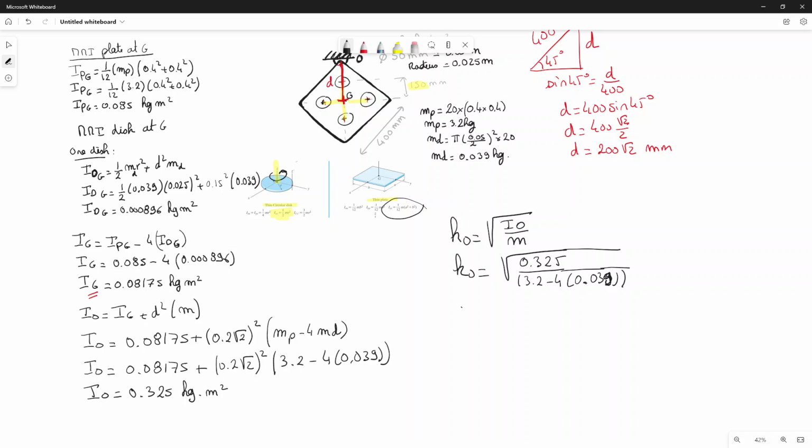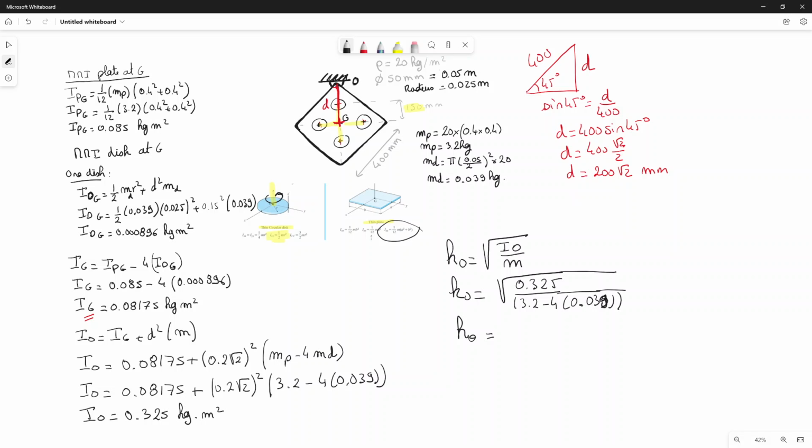How much is KO? We hope to have something between 200 and 300 in millimeters. That will give us 0.327, and that's in meters. So KO equals 327 millimeters. That makes sense.